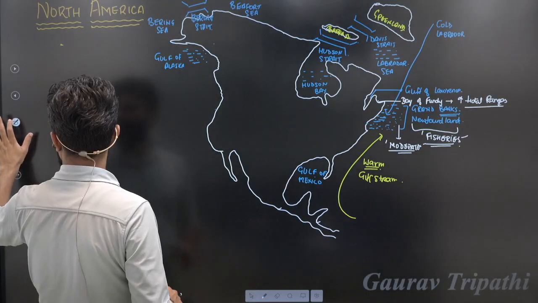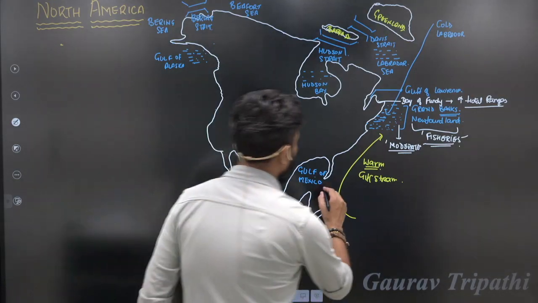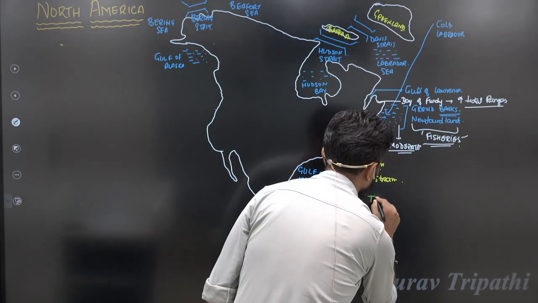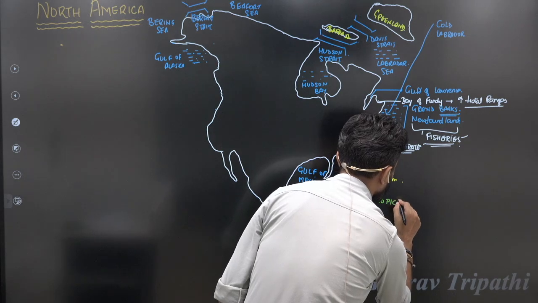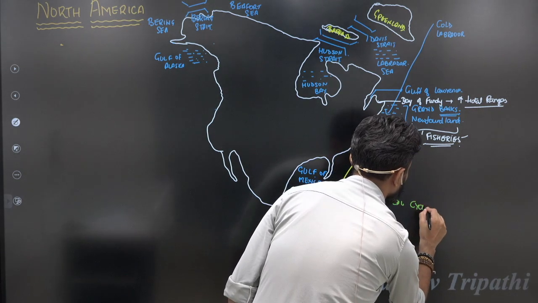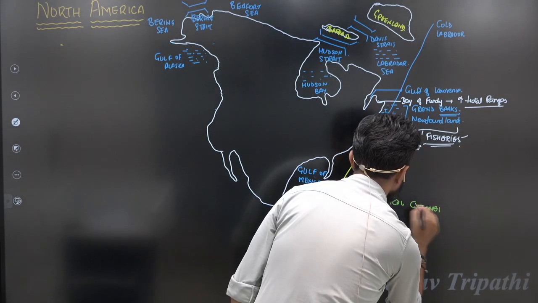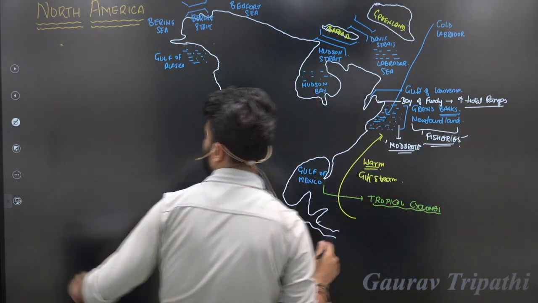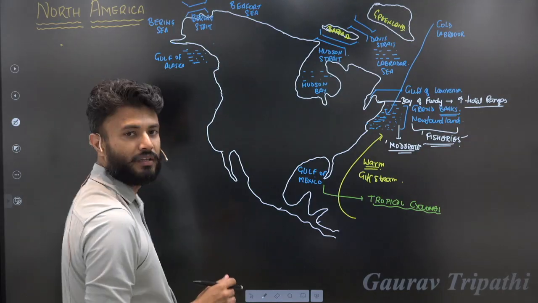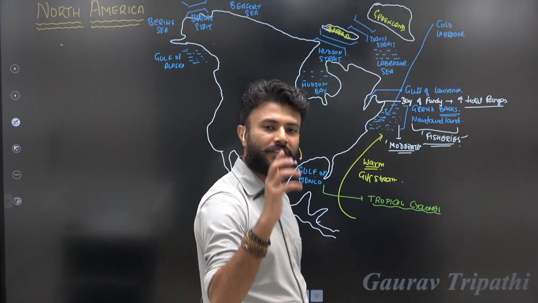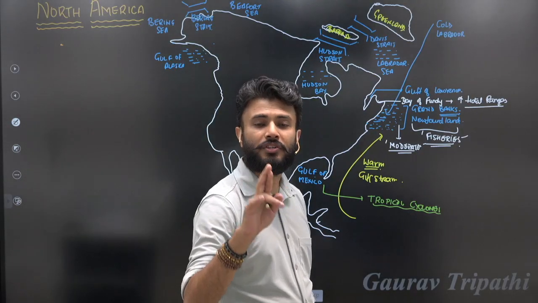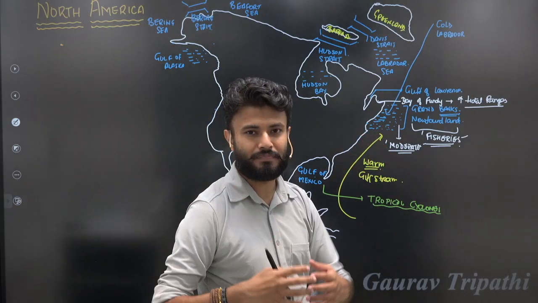So this is the same area where you get a lot of tropical cyclone formation. Here you have tropical cyclones. Why you have tropical cyclones? Because tropical cyclones require certain preconditions. Which are the preconditions? The first precondition is that there should be high sea surface temperature.